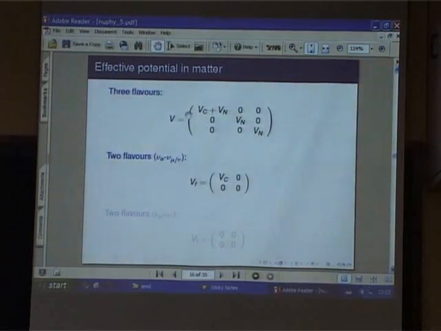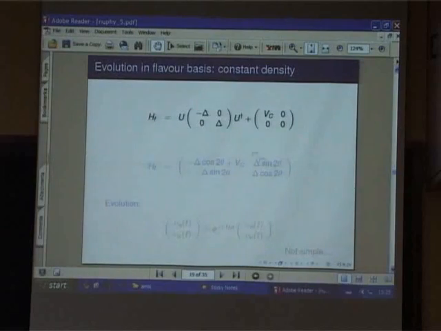Okay, because we saw that e is this, mu is this, and tau is this. So in flavor basis, this has a very nice form. In the mass basis, this had a very nice form. So you have to stick to some basis, because when you introduce matter, it has a complicated form either way. So let me choose one basis, flavors. So in the flavor basis, this is our vacuum part, this is our matter part.